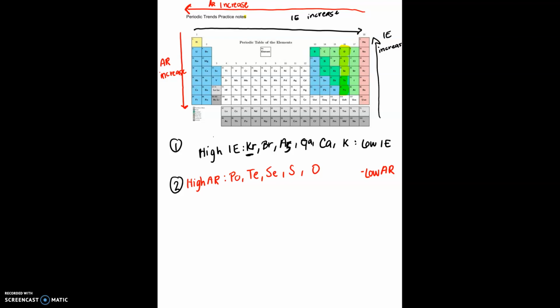All right, we're going to switch pen colors again, and erase these, and look at number 3.